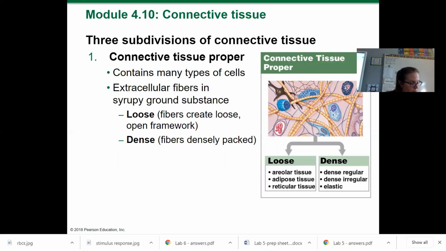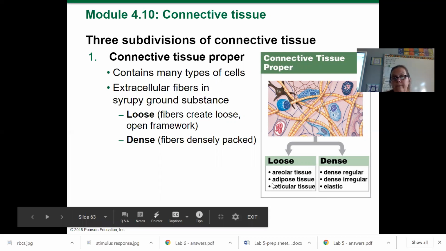All right, if you look on page 159, you will see the types of connective tissue, the three types. We have connective tissue proper, which I'll refer to just as proper. It has lots of different kinds of cell types and extracellular fibers, but there are two main types: loose, which includes areolar, adipose, and reticular, or dense, which is dense regular, dense irregular, and elastic.